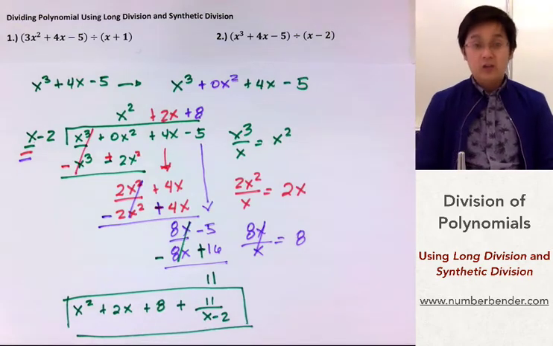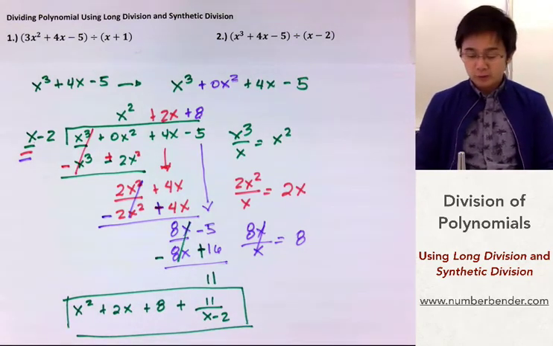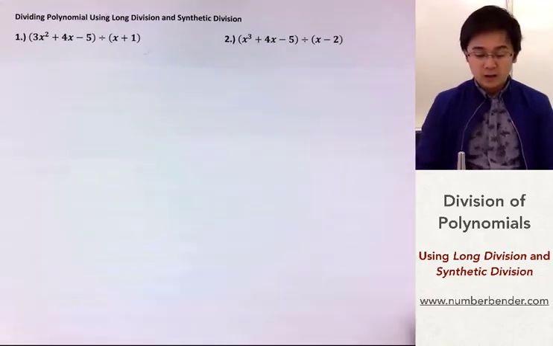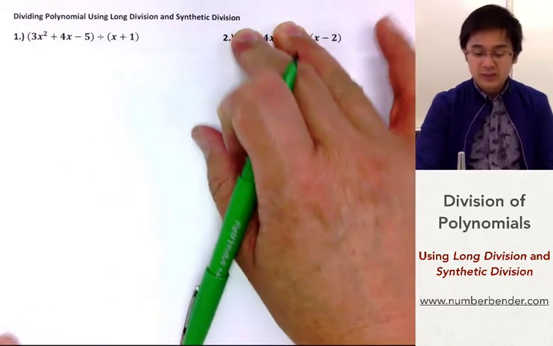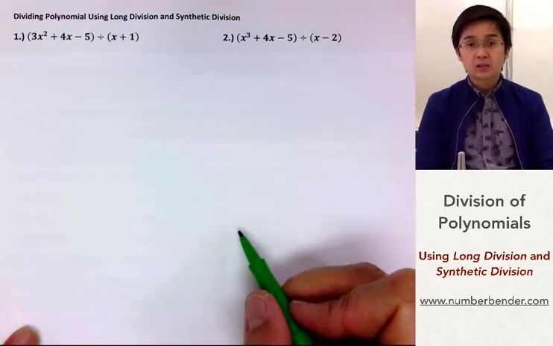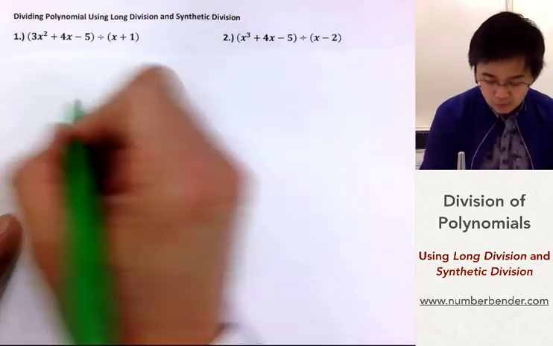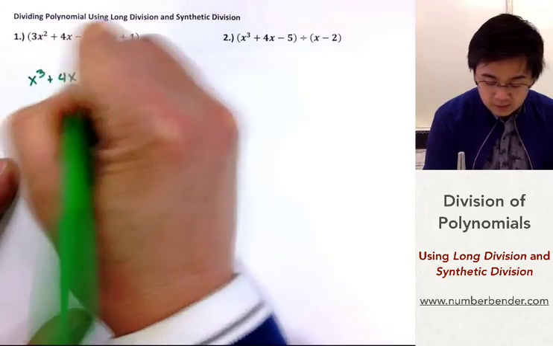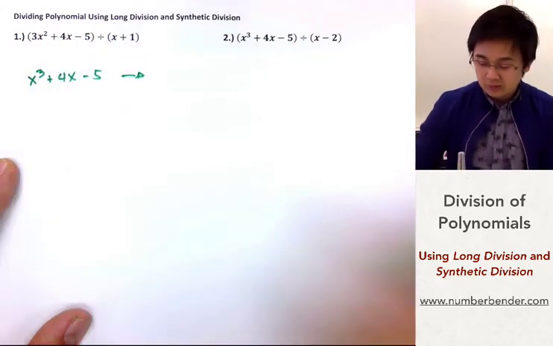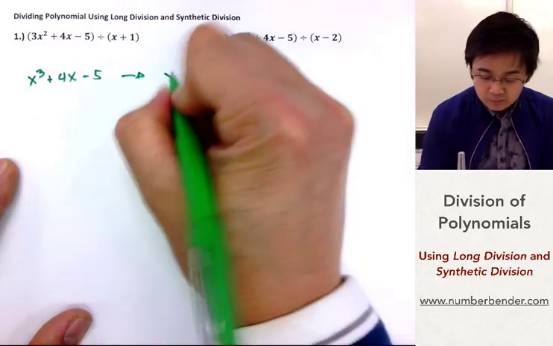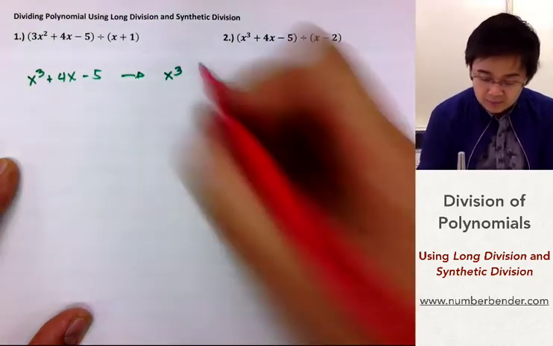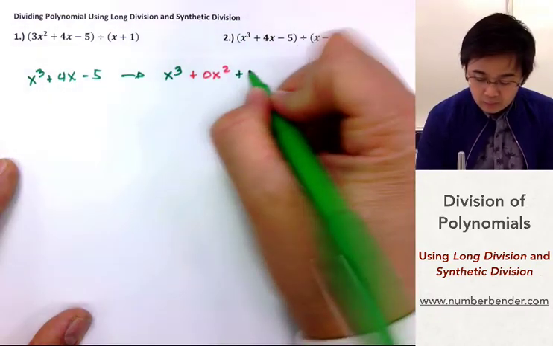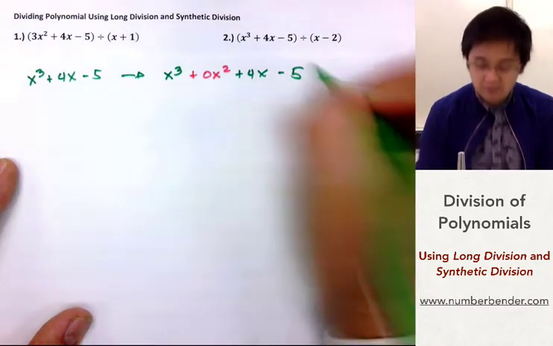So this is long division, and to use synthetic division, just like what we did on the first step, we're going to replace the missing x squared with 0x squared. So we have x cubed plus 4x minus 5. Since there's a missing term, we will replace it by 0x squared plus 4x minus 5.